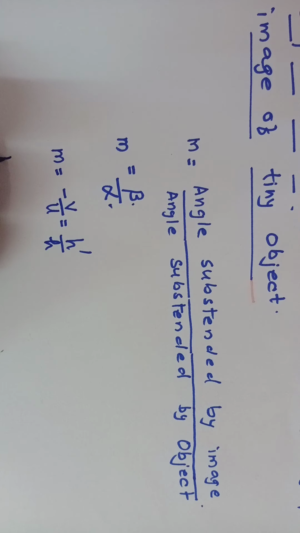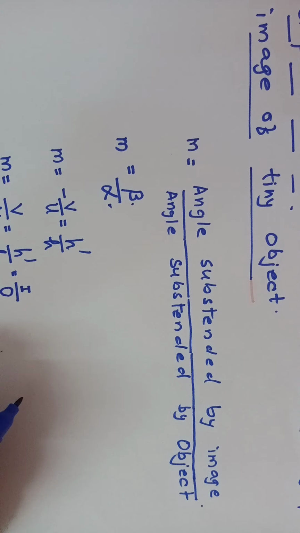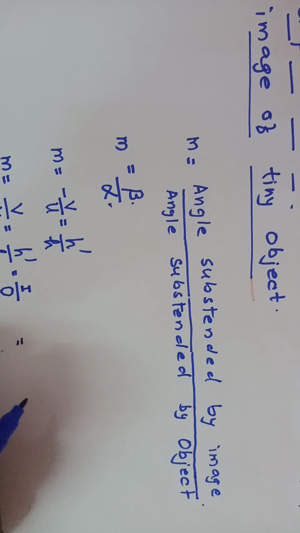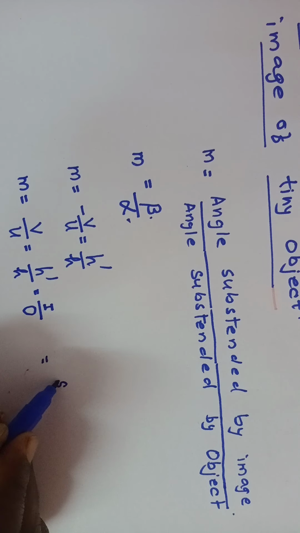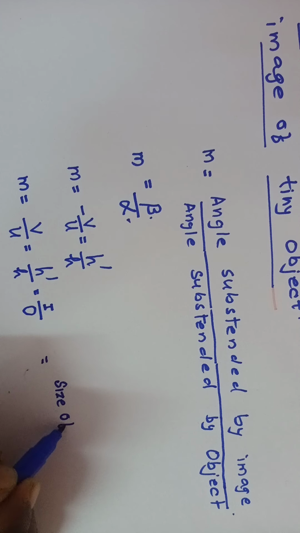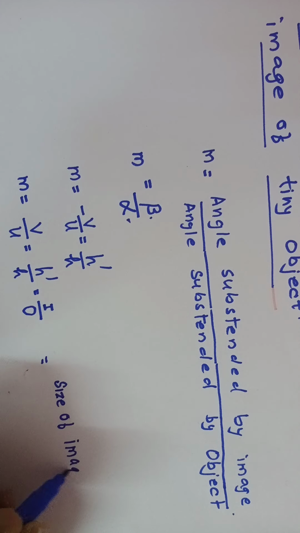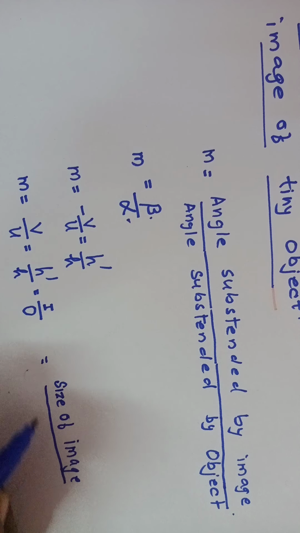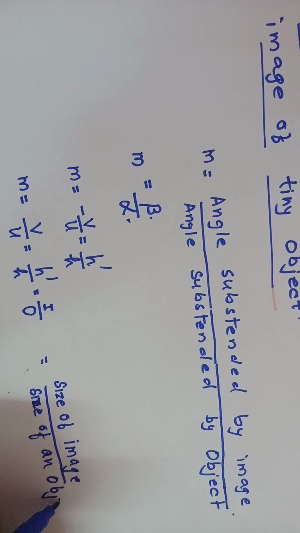And for lenses we have magnification v by u, equal to h dash by h, or I upon O, the size of the image upon the size of the object.